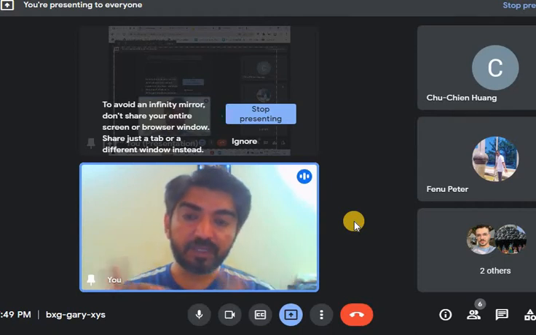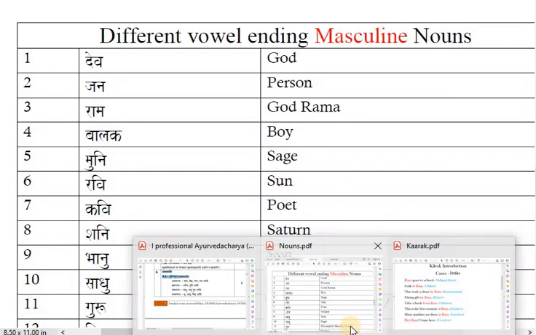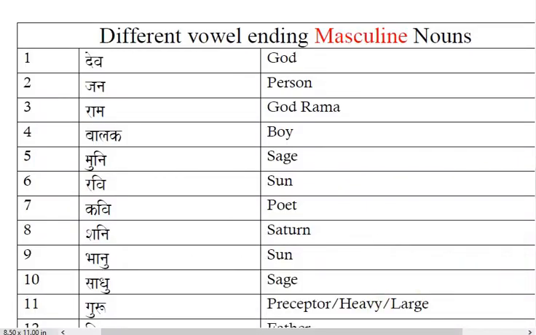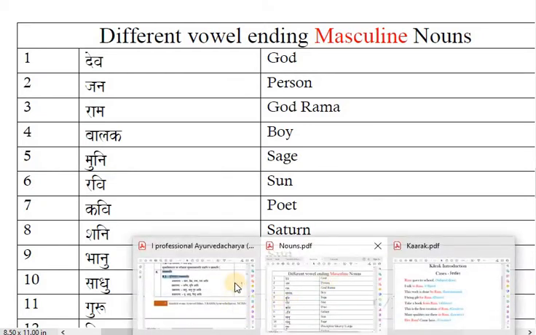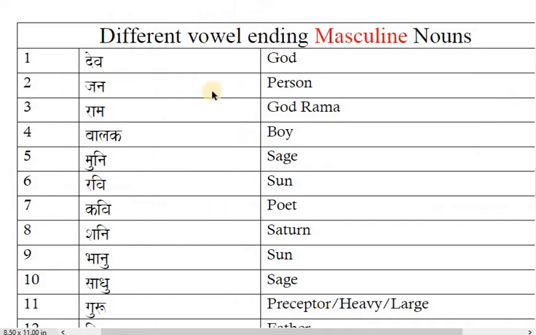And Napumsakalinga is the word for neuter. Right? So let us categorize these words first. Still I am telling you, we are just getting the introduction, students. We haven't entered into this topic yet. We are just getting the introduction of the nouns. So here different vowel-ending masculine nouns are there.